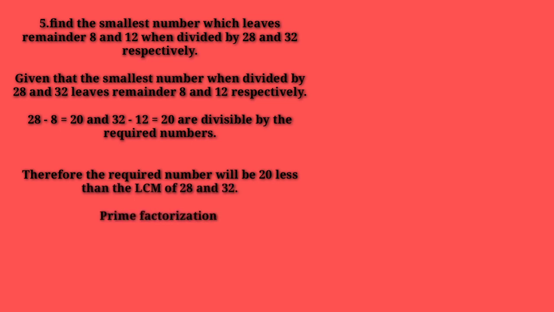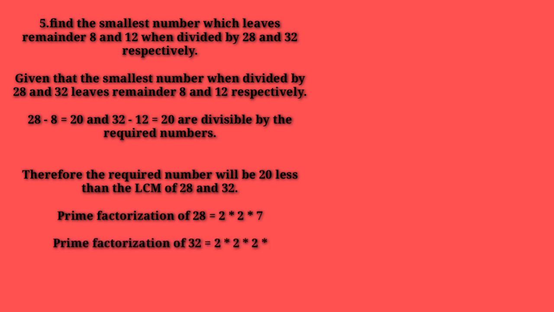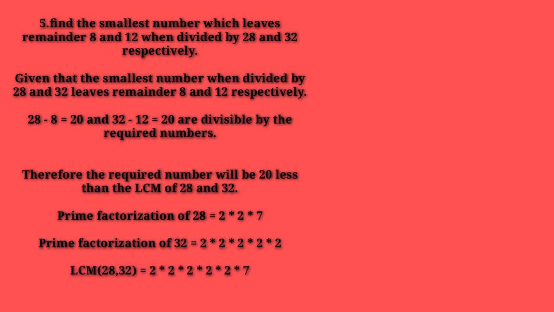So first of all we will do the prime factorization of 28. Prime factorization of 28 is 2 into 2 into 7, and the prime factorization of 32 is 2 into 2 into 2 into 2. So LCM of 28 and 32, students, here we are getting what? 224, right?